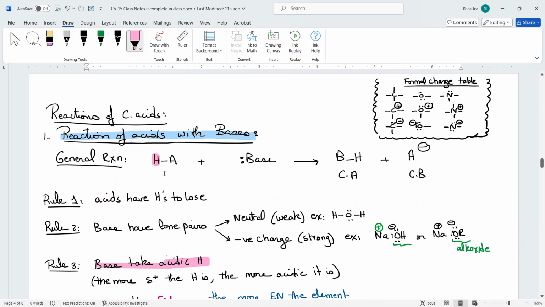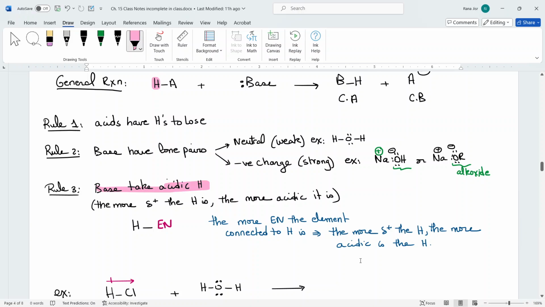When the base takes the hydrogen of the acid, it uses its lone pairs to make that sigma bond between the base and the hydrogen of the acid. Bases change into conjugate acids when they take the hydrogen. Whatever is left from the acid is an A-, and that changes into a conjugate base. So bases change into conjugate acids, and acids change into conjugate bases. Okay?